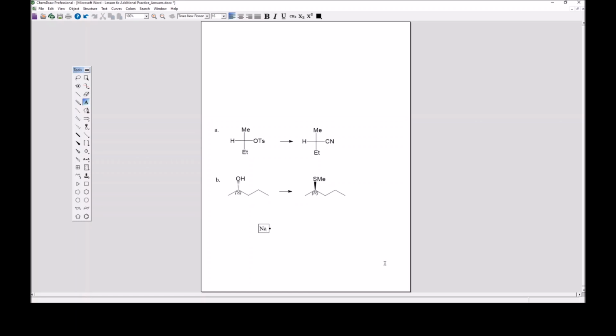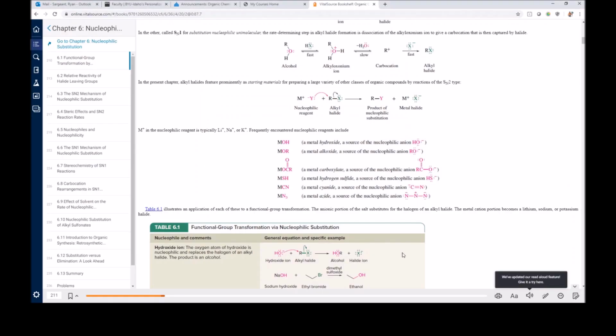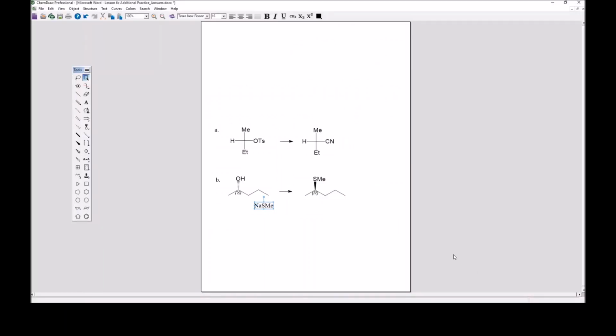So the first thing I'm going to do is add sodium methyl thiolate. This is one of the common nucleophiles that hopefully you're starting to recognize from your textbook. The textbook identifies hydrogen sulfides, but if you replace that hydrogen with an alkyl group, it has the same basic chemical features.